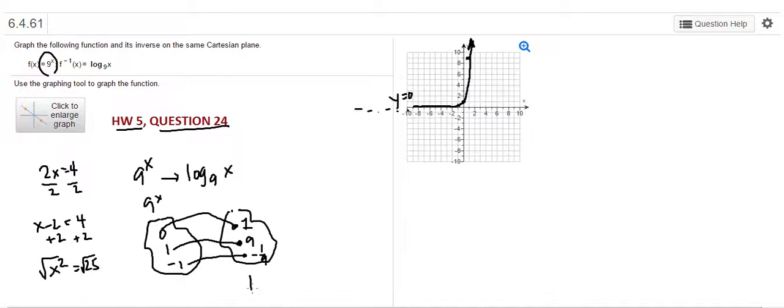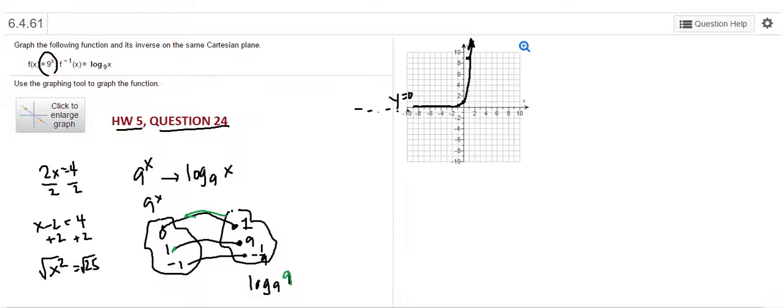So what I'm saying is if I take log 9 of 1, I get back to 0. Right, now I go back the other way with it. I go back over here and go from 1 back to 0. And log base 9 of 9 is going to be 1. Right? It's how I get from 9 to the x is how I get from the numbers on the left to the numbers on the right. And log 9 will take me right back to those numbers. And that's what an inverse really means.